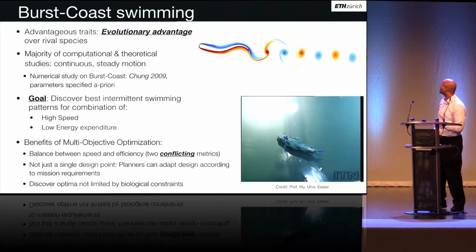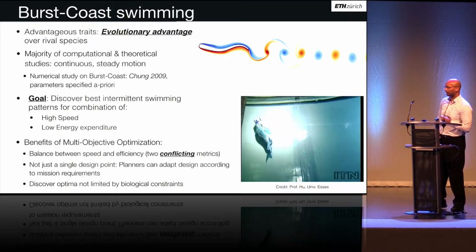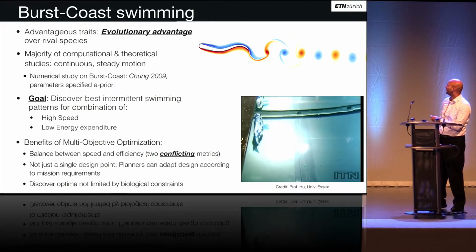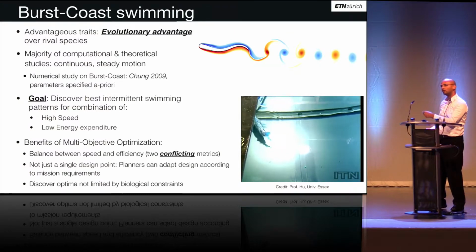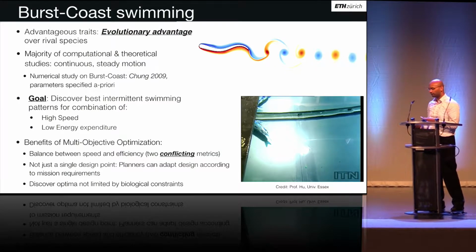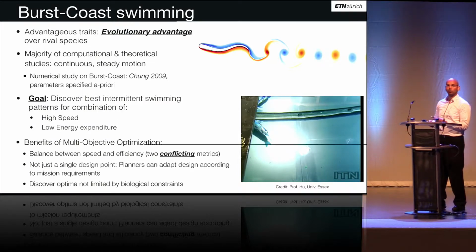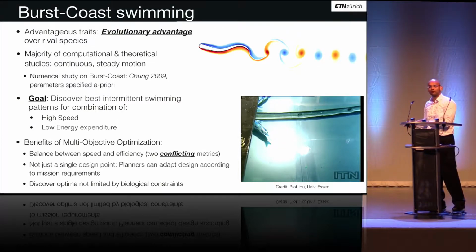And if you were to consider a robotic swimmer, the handler of the robot can pick from the list of behaviors depending on the task he wants to achieve, right? So if the handler says, I want high endurance, you pick a certain set of parameters, or if you want high speed, you pick another set. One more advantage of using numerical optimization is we are not limited by biological constraints, meaning if you are considering body shape, you're not limited by how organs are arranged inside the body.